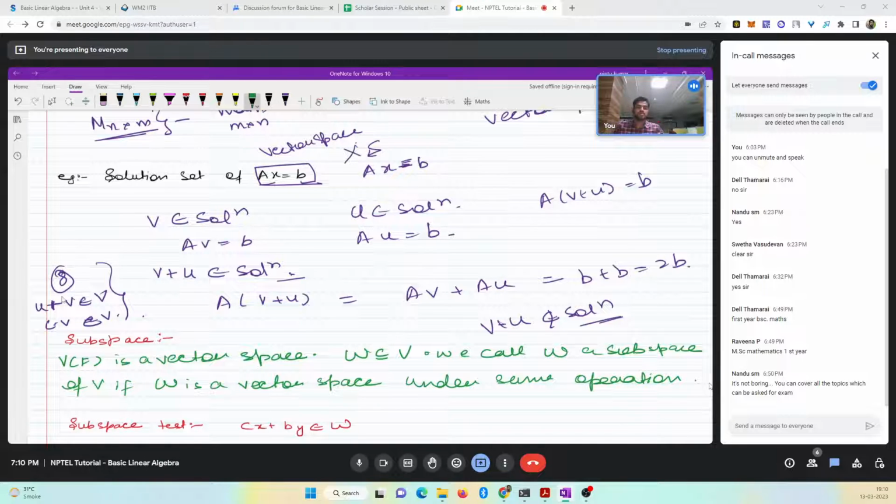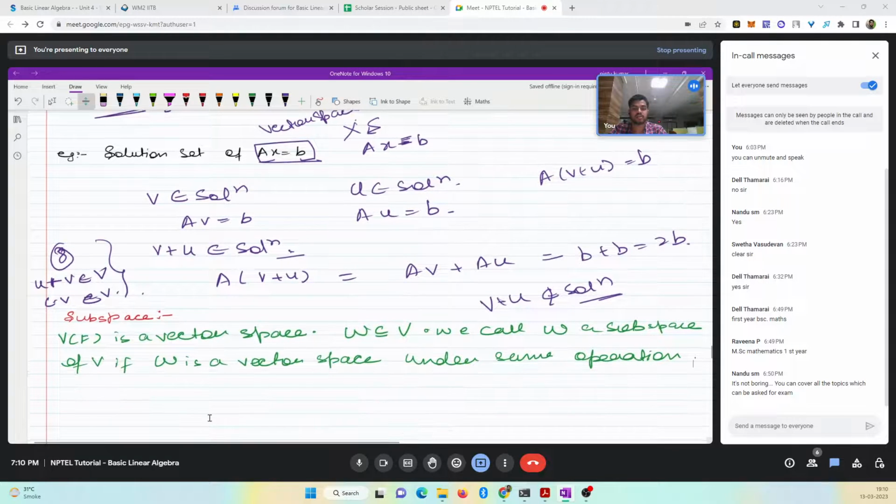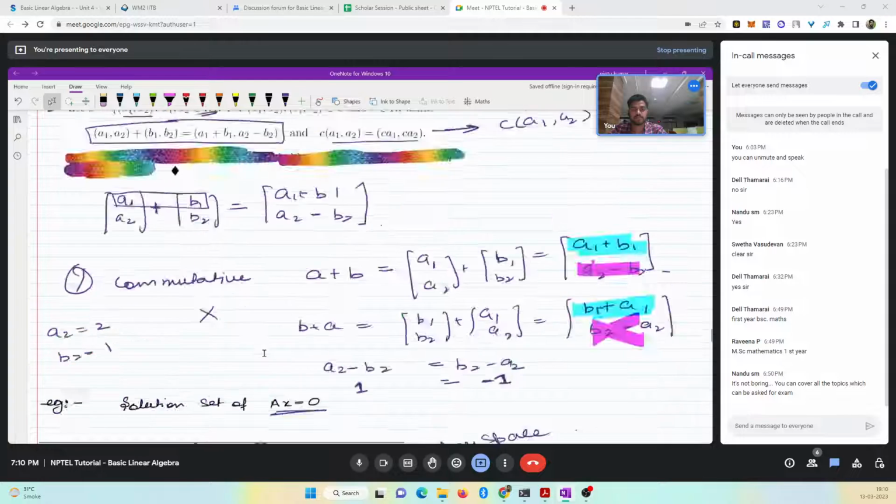So what this means is that whatever subset you had, now if you try to satisfy all those properties on this smaller subset only, then if they are satisfied, that is called a subspace.